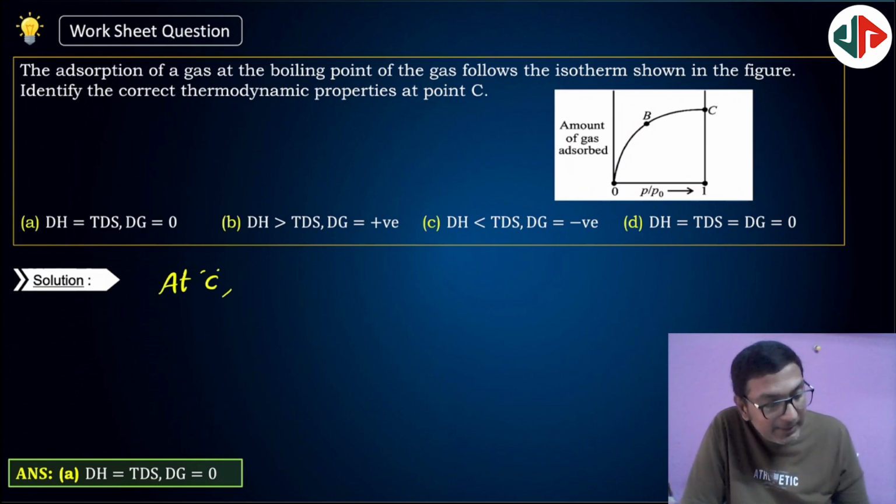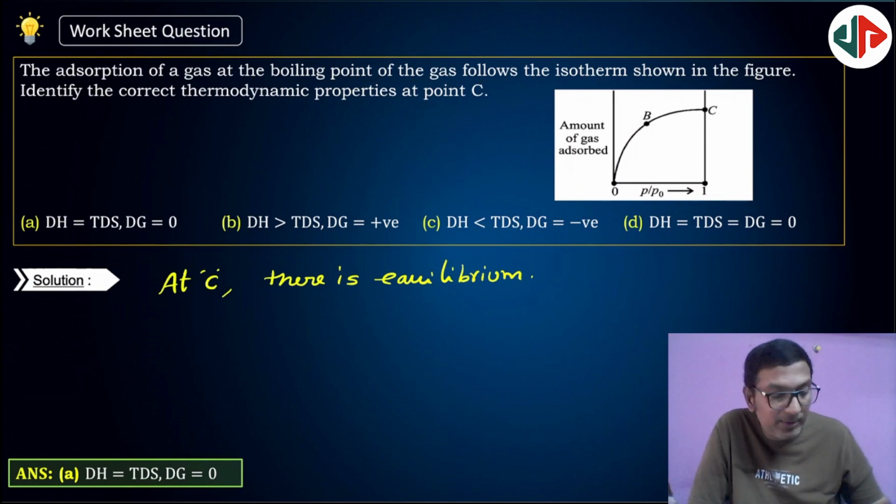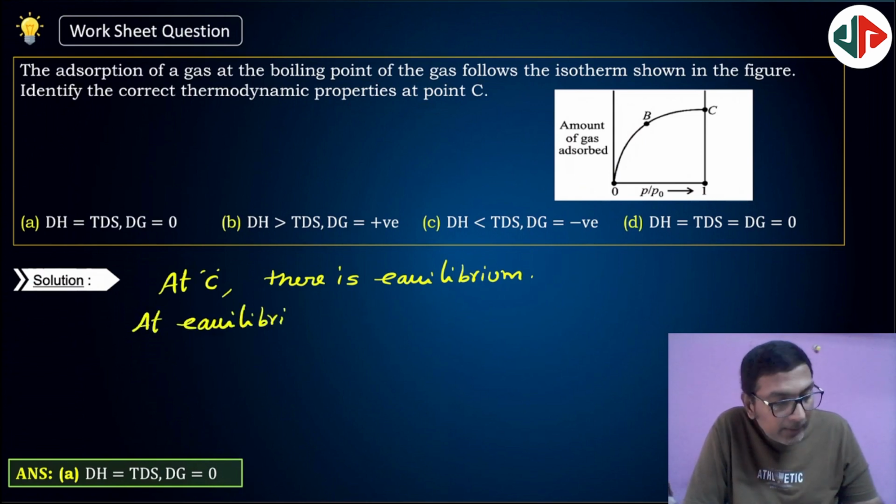That means at point C there is equilibrium. So with increase of pressure, there will be no change in amount of gas adsorbed. Therefore, process will be at equilibrium. So at equilibrium, delta G becomes equal to 0.